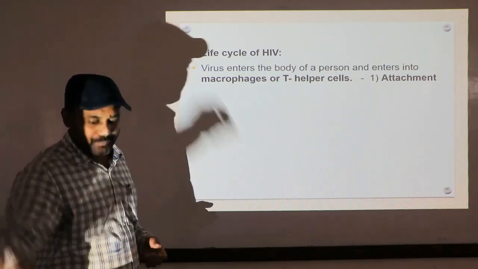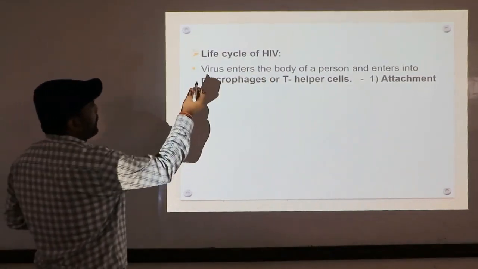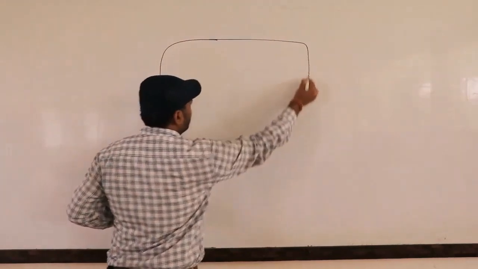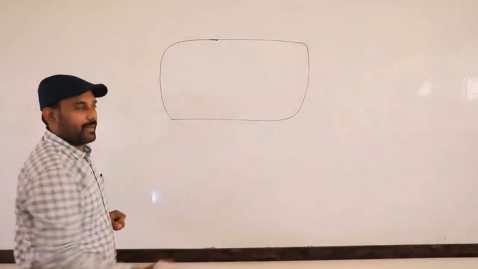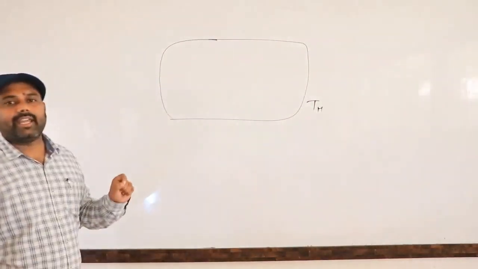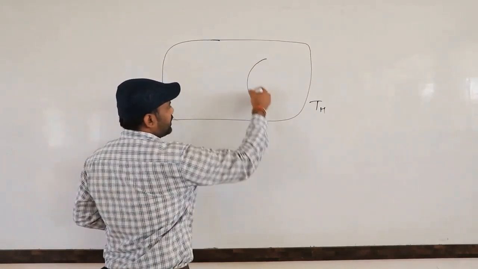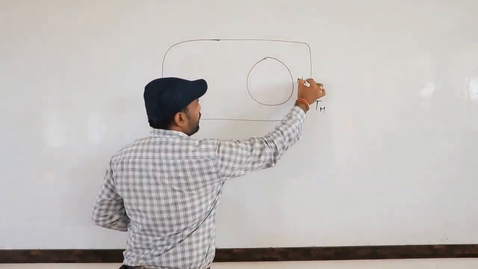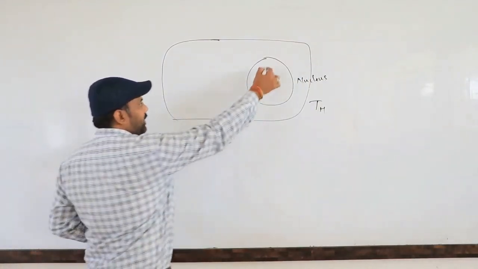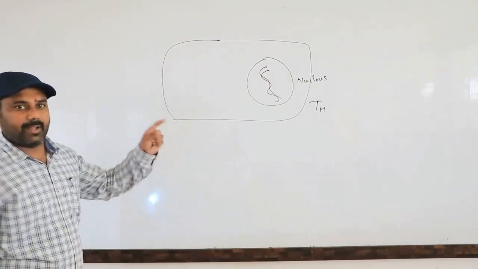In a simple way I can show you. Imagine this is a T cell, the T helper cell. This is the cytoplasm. Within the cytoplasm, imagine this is the nucleus. Within the nucleus, as we know, we have double stranded DNA.